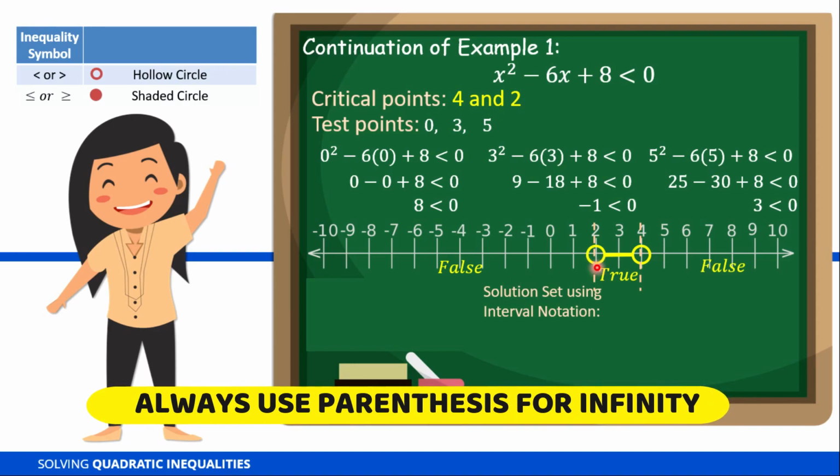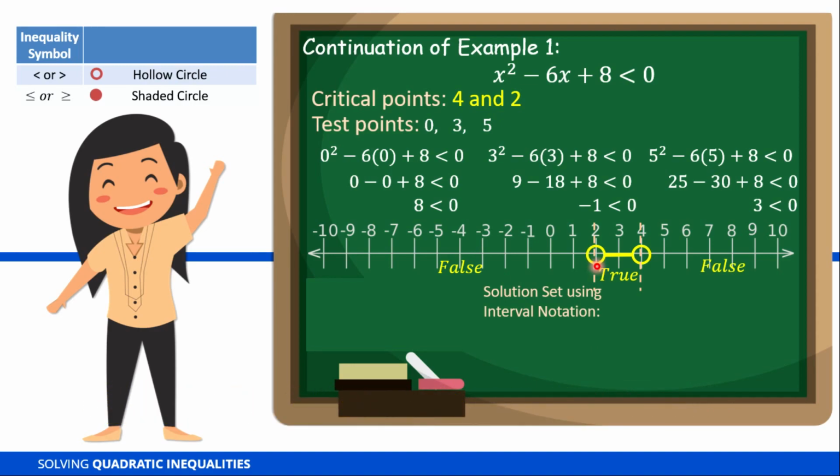So, balik tayo dito. Ang 2 ay hindi kasama sa solution set. Okay, sulat natin yung ating solution set gamit ang interval notation. Parentheses, again, ibig sabihin hindi kasali ang 2 sa ating solution set. So, parentheses, yung unang critical point na 2. Okay, going to, ano yung pangalawang critical point natin? 4. Okay? And then, parenthesis din kasi hindi rin kasali si 4 sa ating solution set.